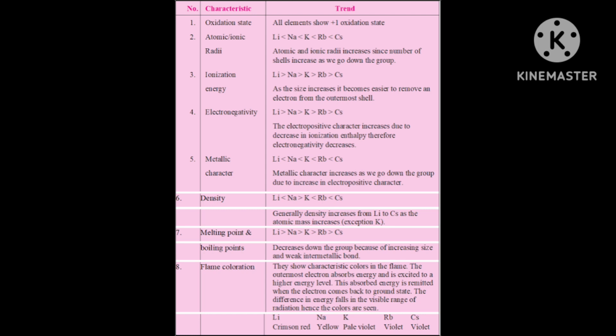This is the important point. The thermal stability of hydrides decreases from H2O to H2Po, polonium.